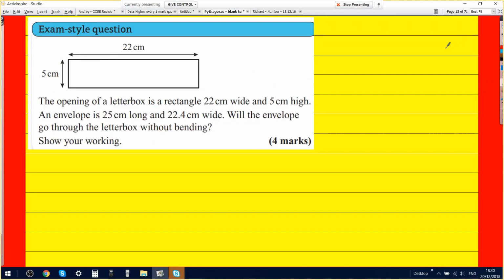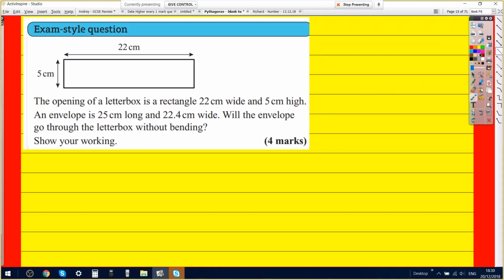Okay, read this, see if you can make sense of it. No, it won't. Why not? Because the letterbox is 22 centimeters wide, and the envelope is 22.4.